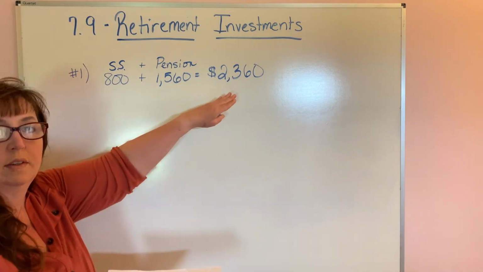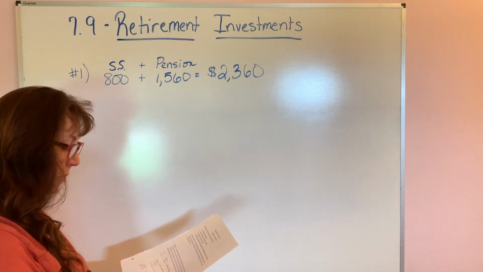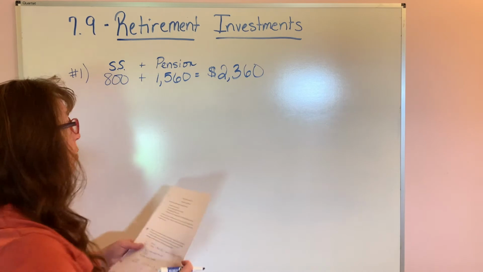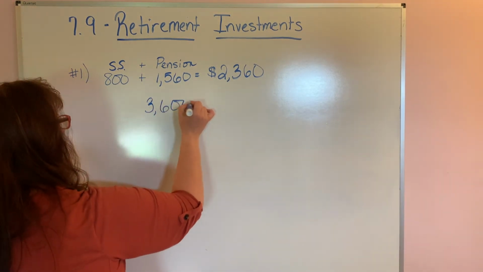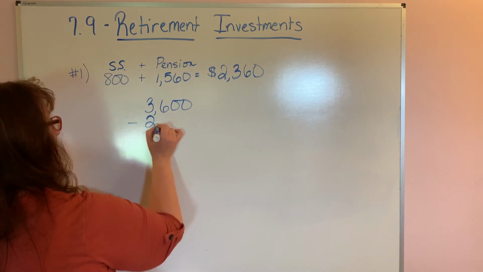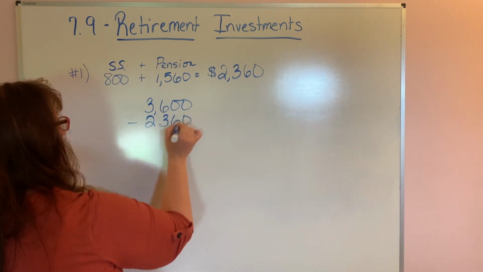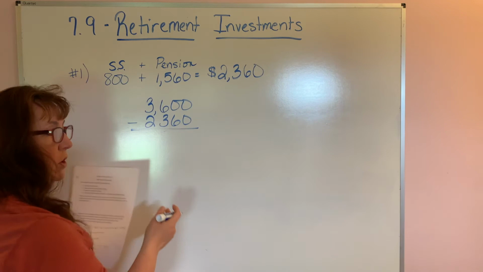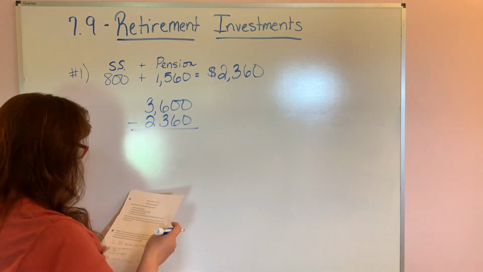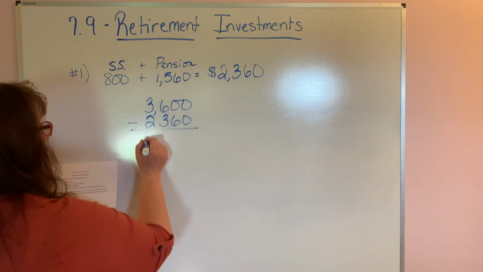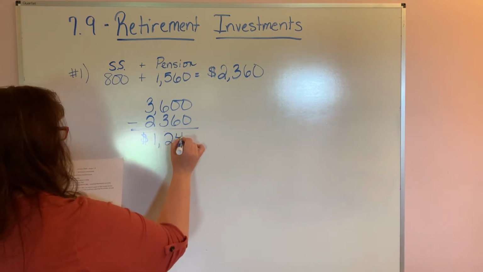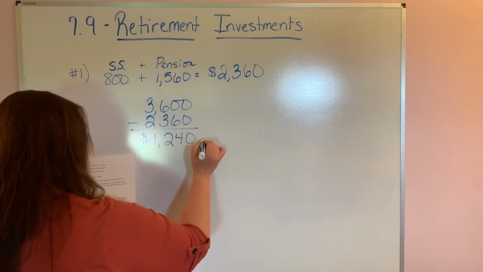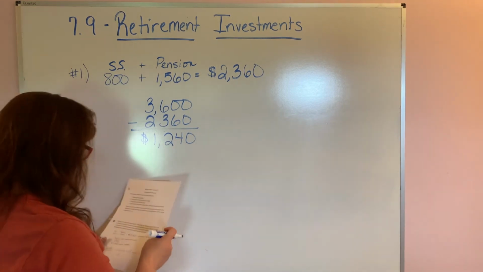Now we have to figure out how much he still wants to have. He wants to get $3,600 a month, so let's subtract out the $2,360. The difference is how much he's going to need to take out of his IRA, which is $1,240 each month. That's how much more he needs.